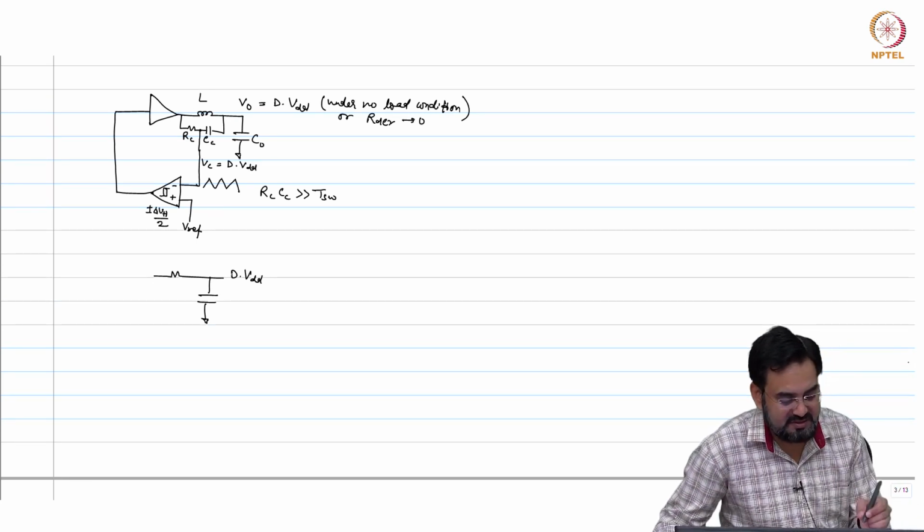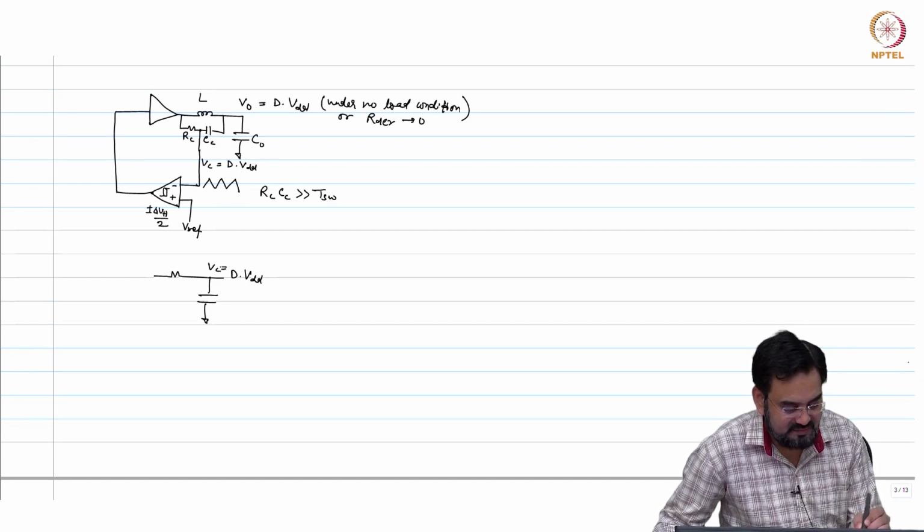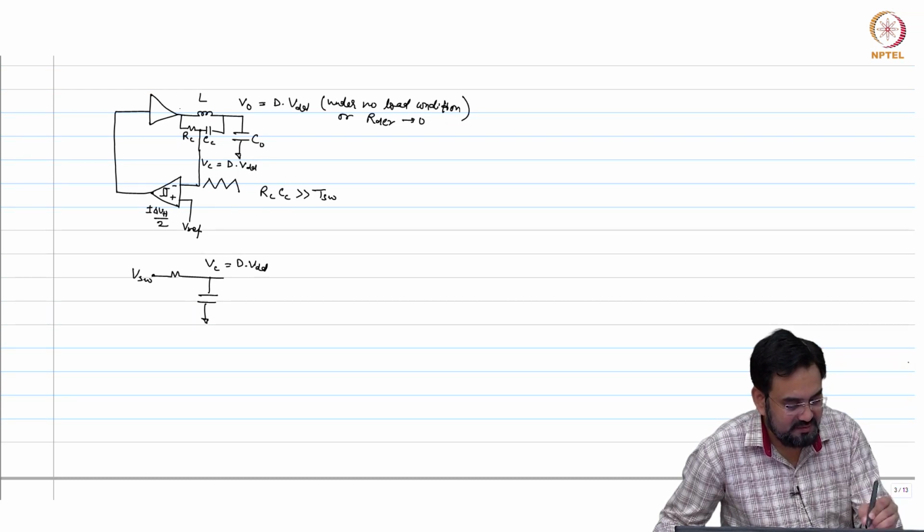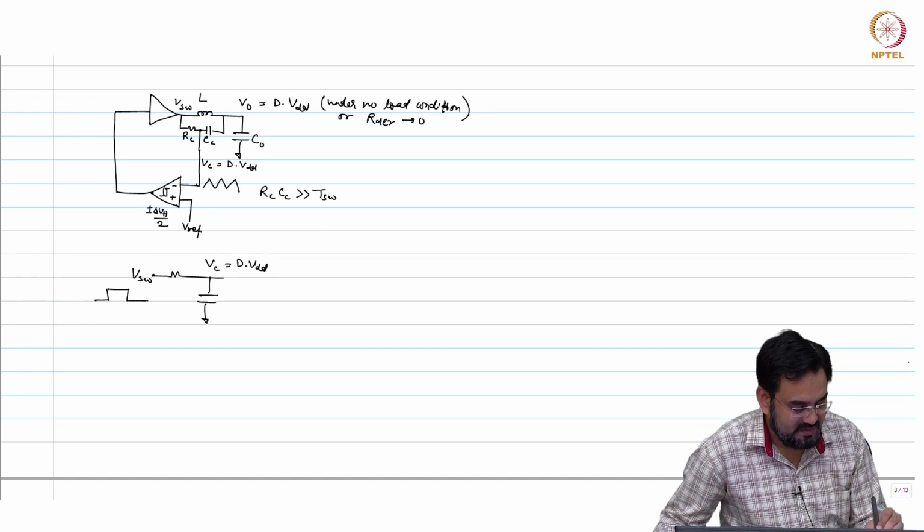They are not shorted. It is actually Vc. So, Vc is the same as V out under no load condition. This is nothing but VSW, which is getting this.